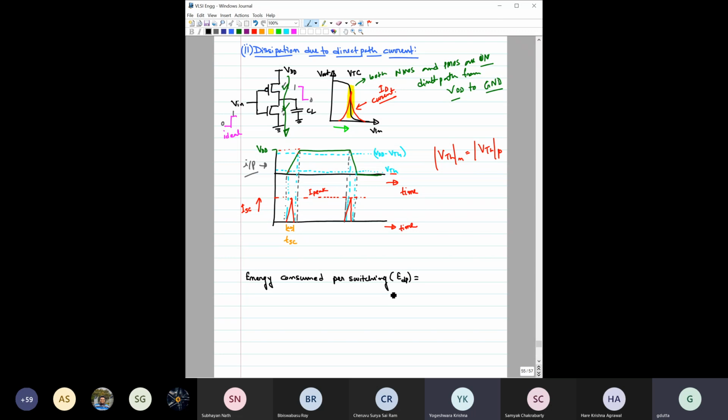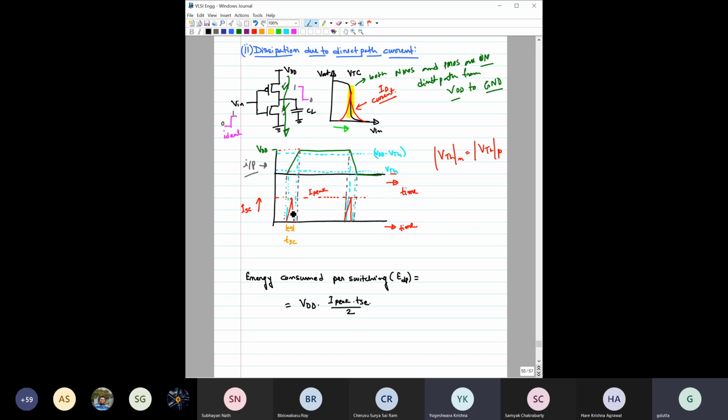The energy consumed per cycle: let us first calculate for the rising part. What would be the energy dissipation? It is VDD into I peak into T of SC by 2. Please check if you have understood this or not.